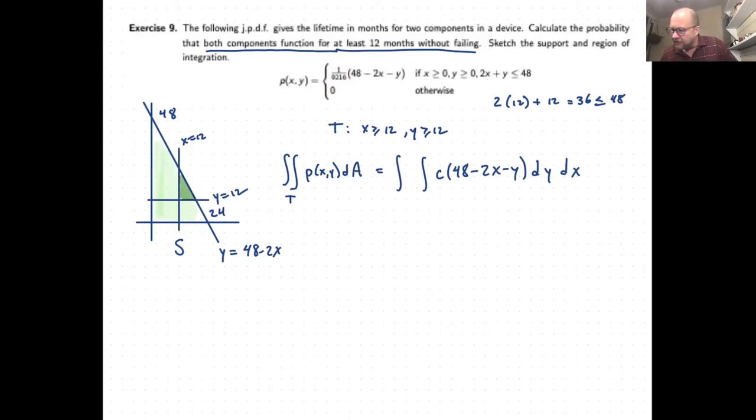So our x values, remember we wanted to start at 12, and then we have to think about where this ends up. And of course, since you know the y value is 12 there, you can figure out that point by plugging back into the equation we've got of 2x plus y equals 48.